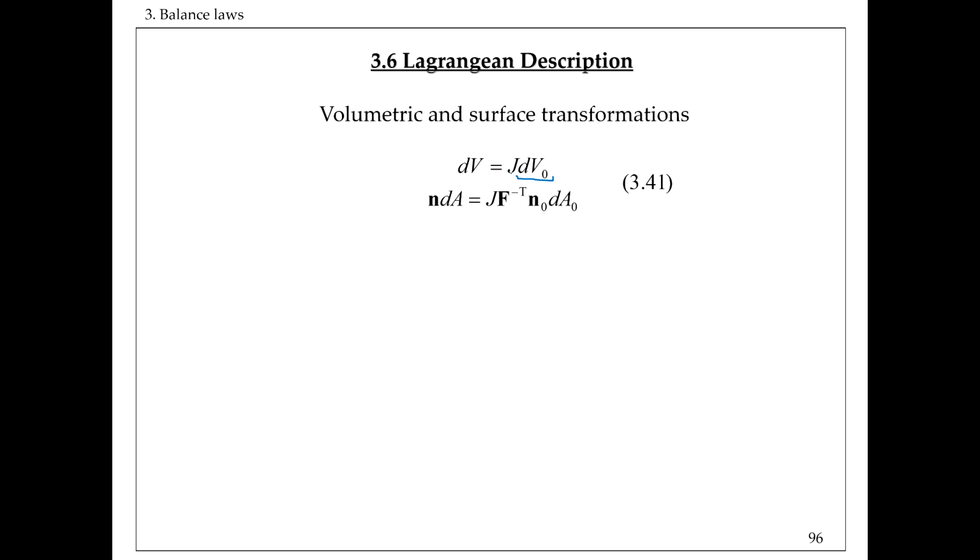And we have shown that back then in the kinematics. They are related through the determinant of F. So we determined that J is the determinant of the deformation gradient F, which relates the change in the volume around the point where that F is known, right?